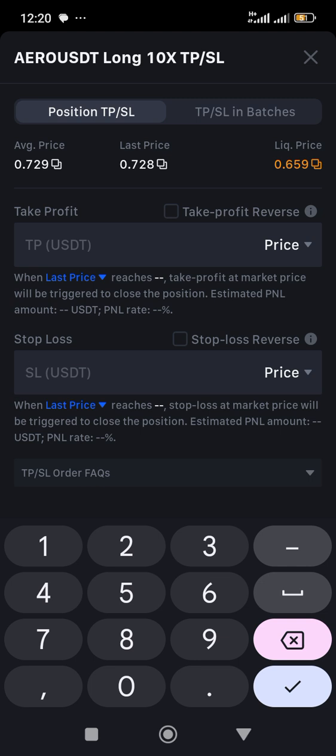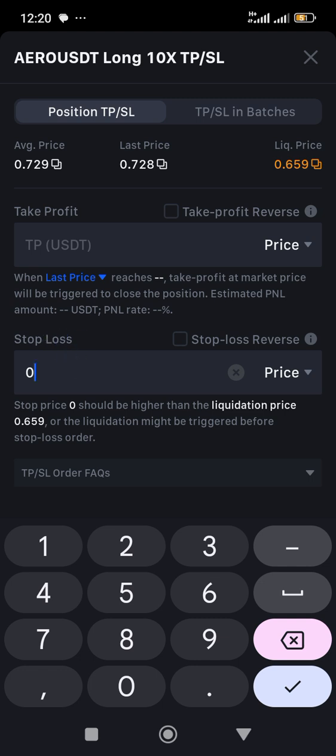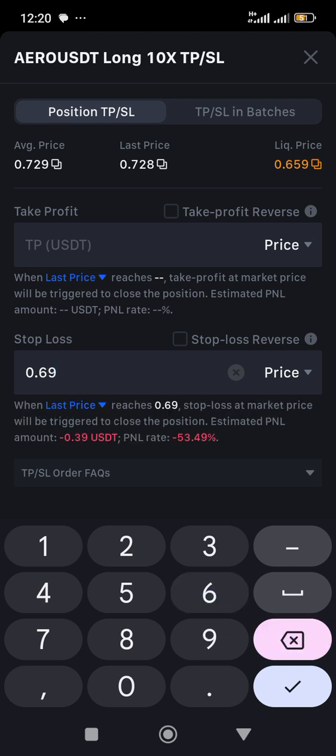This is stop loss. Let me set it for when the price gets to 0.69, this trade should automatically close. That means I will have a 53% loss.